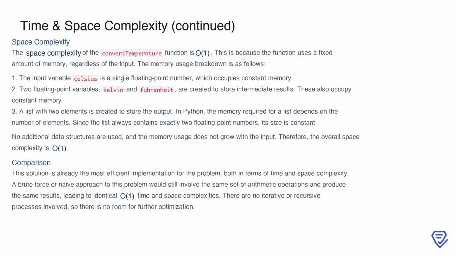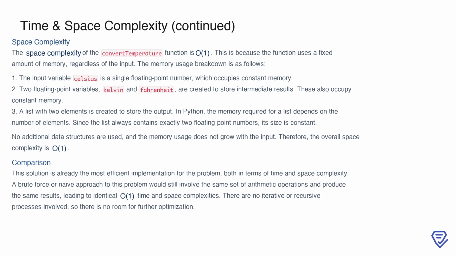Similarly, the intermediate variables, Kelvin and Fahrenheit, are also floating point numbers, each requiring a constant amount of memory. Finally, the function creates a list with exactly two elements to store the output, and since the size of this list is always fixed, it also contributes a constant memory usage. No additional data structures are created, and the memory usage does not grow with the input size. As a result, the overall space complexity is O(1).